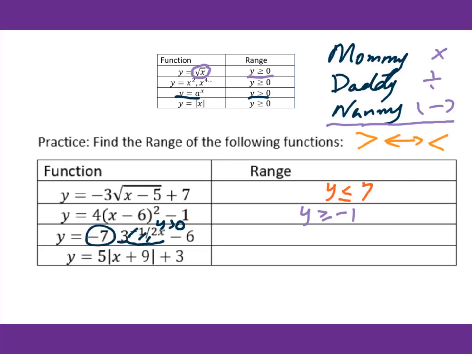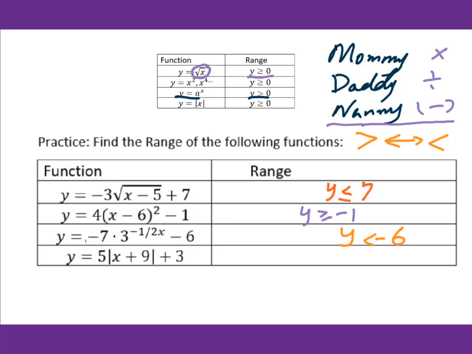You multiply by negative 7, that means you switch the symbol, so y less than 0. 0 times negative 7 is still 0. Then minus 6. Therefore, your range will be y less than negative 6.